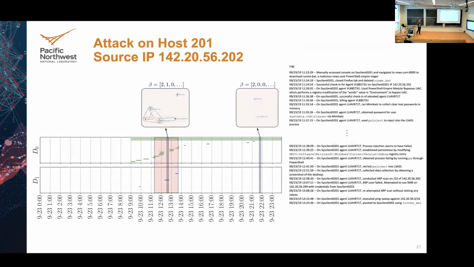So the first example here is on host 201, and this is for a malicious source IP. What we tend to see for this specific zigzag persistence in this hypergraph formation is that during malicious activity, highlighted in red, we tend to get some H1.